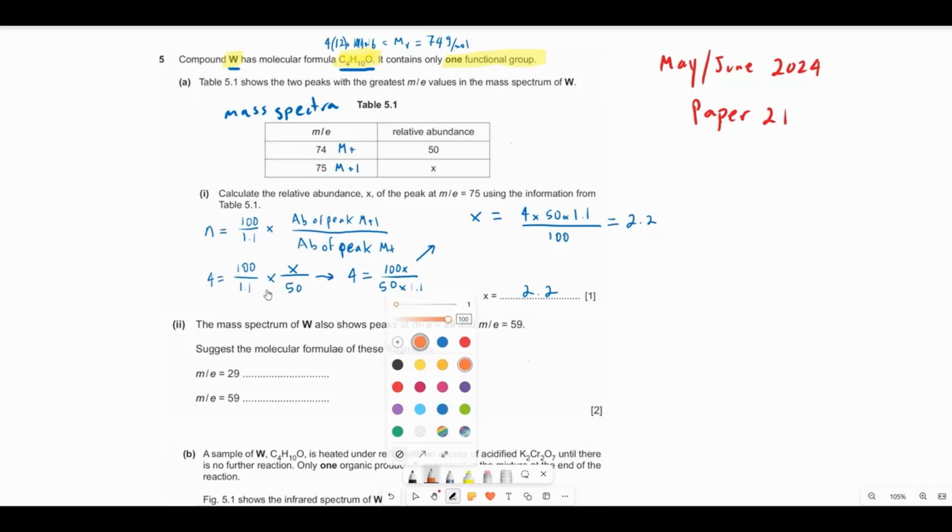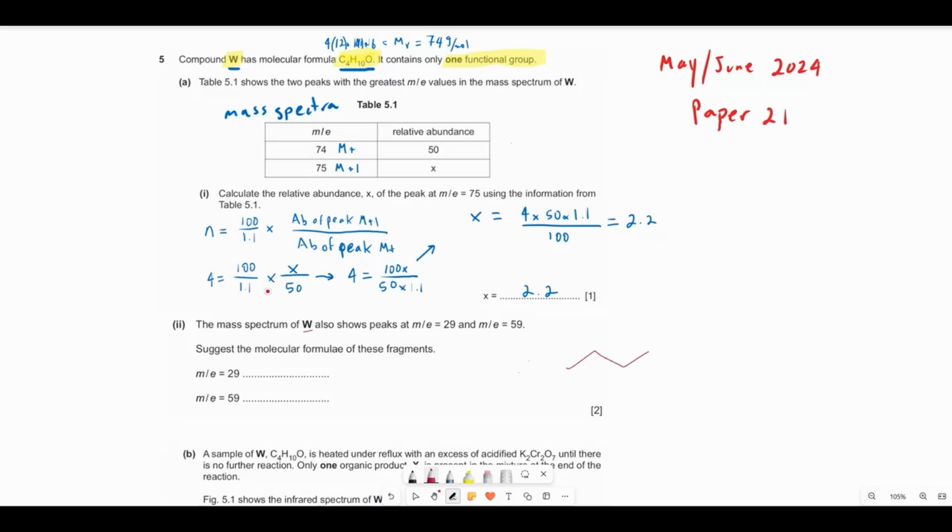Now let's look at this next question here. The mass spectrum of W, so we're still talking about W, same compound, shows a peak at 29 and at 59. Suggest molecular formula of these fragments. So here we know that we have a 4-carbon compound, so 1, 2, 3, 4, with an oxygen.